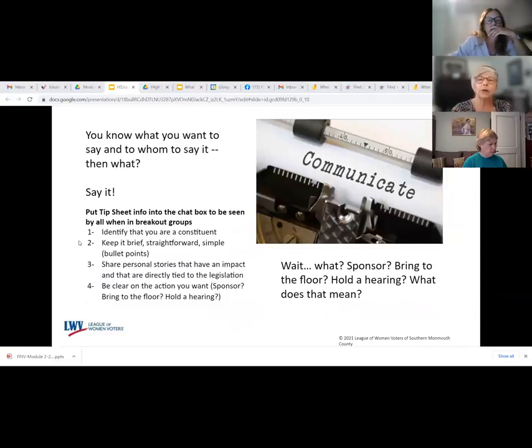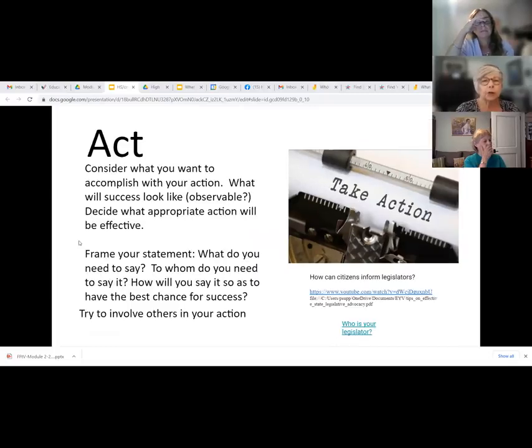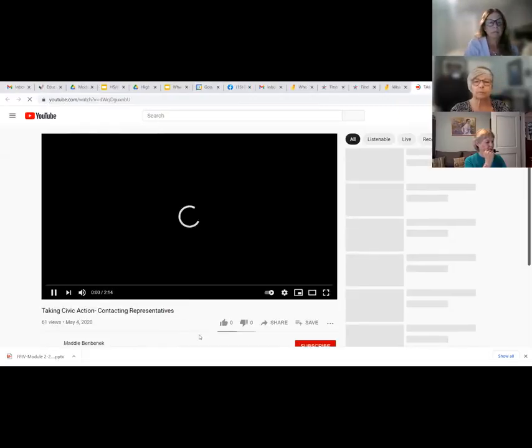And we're going to have an activity that will allow you to actually practice communicating with one of your legislators. I'm going to ask you to make a choice. You can either write a phone script or you can write a letter. And I have to go back because I have to show you a video first.